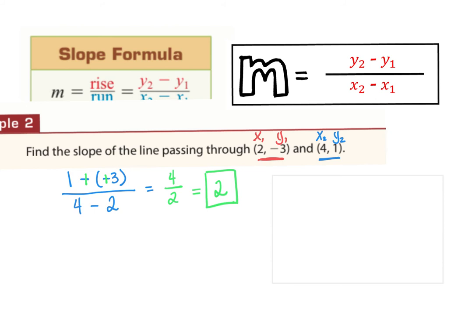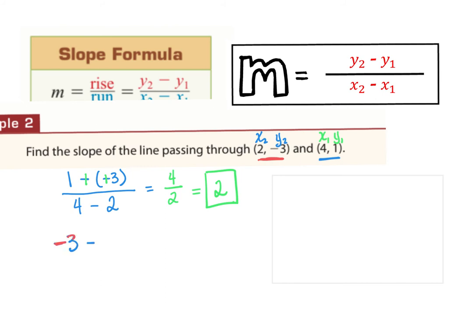Now, what would have happened if I had labeled them differently, all right? Let's say I labeled this group as x1, y1, and I labeled this group as my second group, x2, y2, all right? So let's do it that way. I'm going to say -3, y2, minus y1.